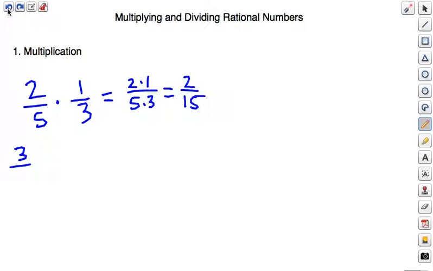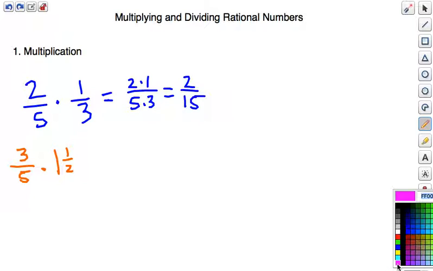Okay, let's look at another one, and I'll mix up the color so these aren't blending together. I have 3/5 times 1 1/2. Here we have a proper fraction times a mixed number. We want to change this mixed number into an improper fraction so we can easily multiply our numerators and denominators.